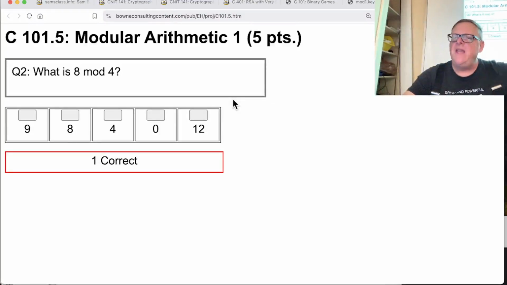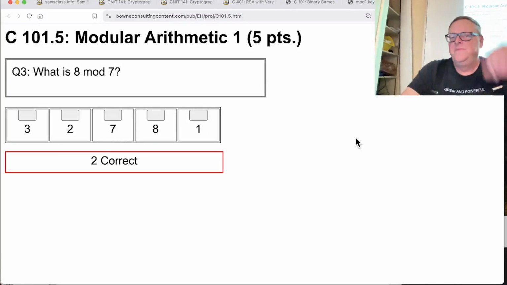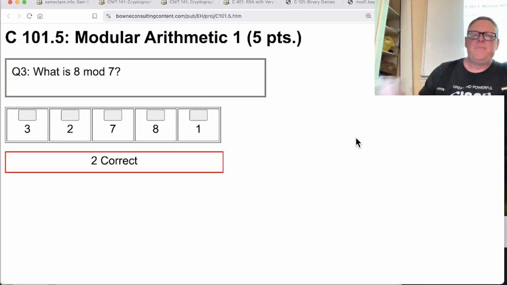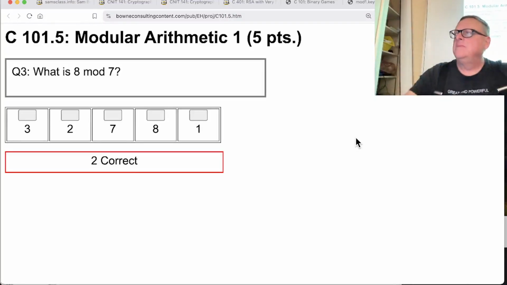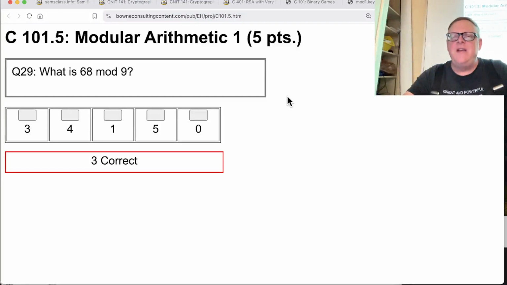Because 8 is 2 times 4 plus 0, so it's 0. Good. How about 8 mod 7? That's 1 times 7 plus 1, it's 1. All right, you folks are getting it right.